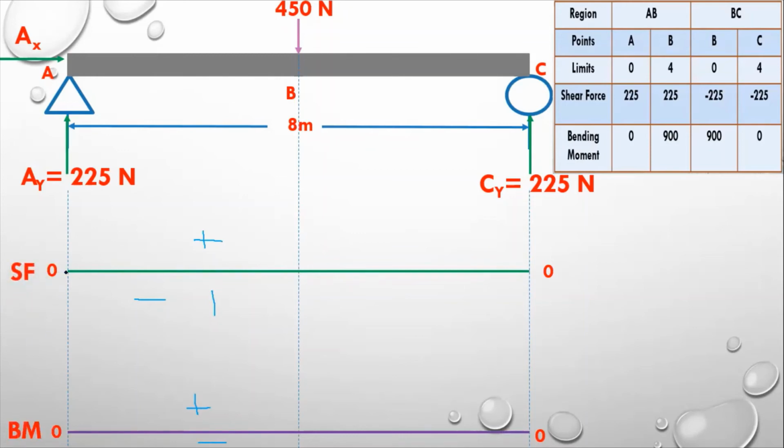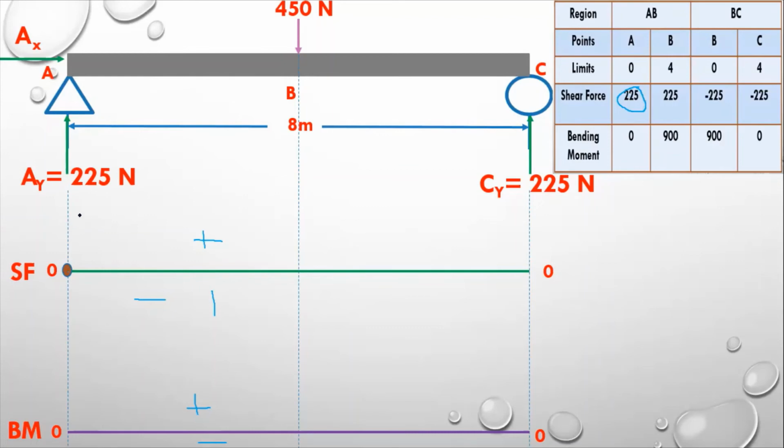So what we are going to do, first point should be 0 here. At point A, the first value is 225, so we have to draw it here. First point is 0, and then we move upward and draw it.